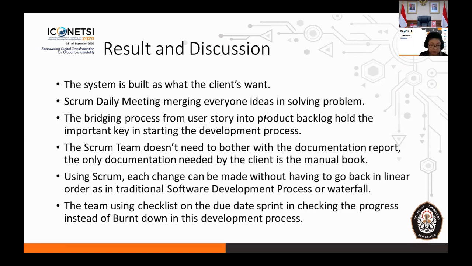In Agile, we can meet the change without having to go back in every step, so we can make it in the sprint itself. The team uses the checklist in the sprint to check the process instead of a burndown chart. In our process we don't use the burndown chart, we only use the checklist to make sure that every feature that wants to be developed is clear.